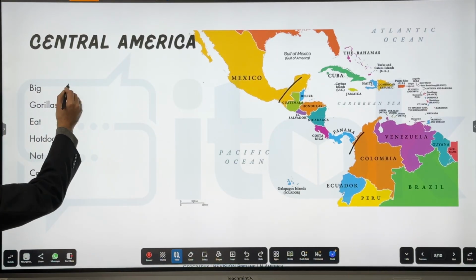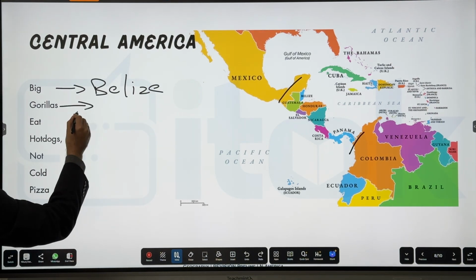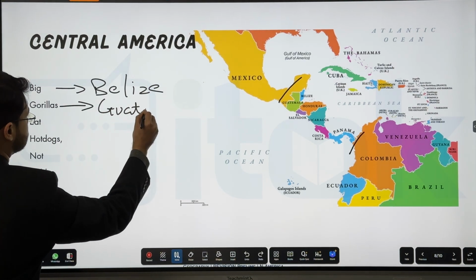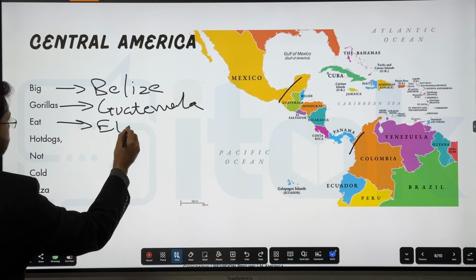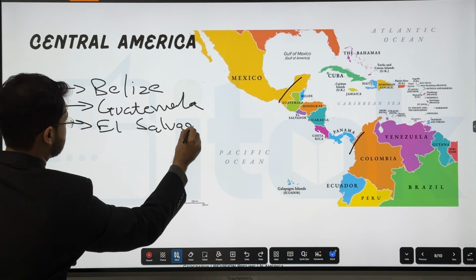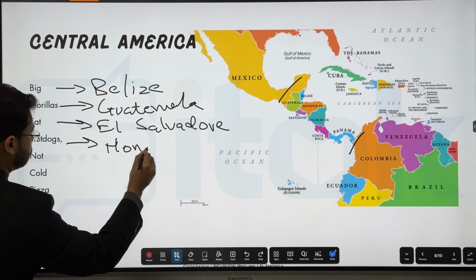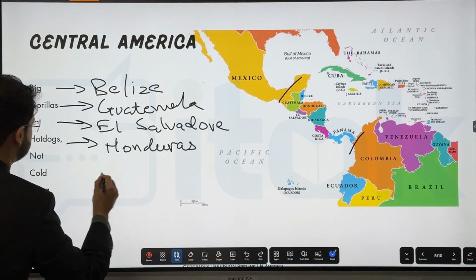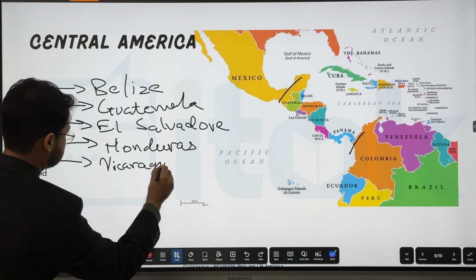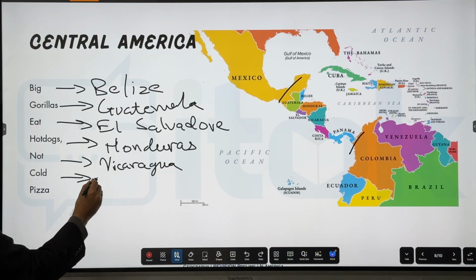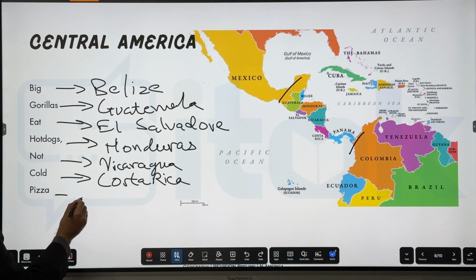So we have big as in Belize, G for Guatemala, E for El Salvador, H for Honduras, N for Nicaragua, C for Costa Rica, and P for Panama.